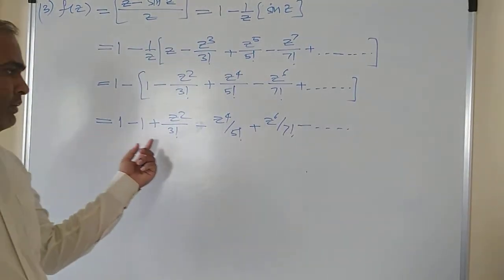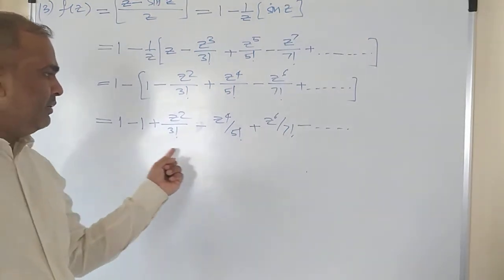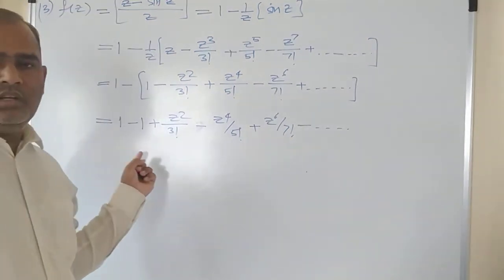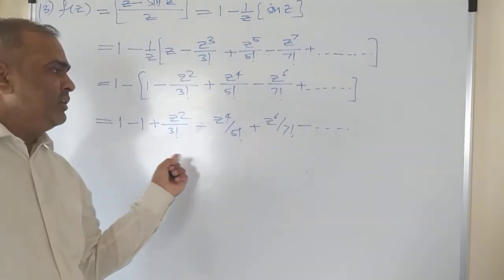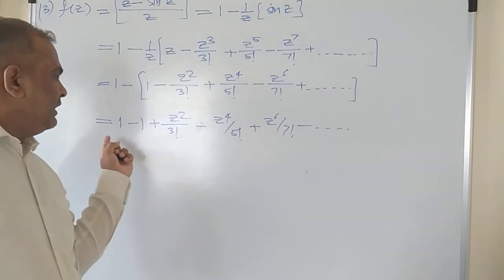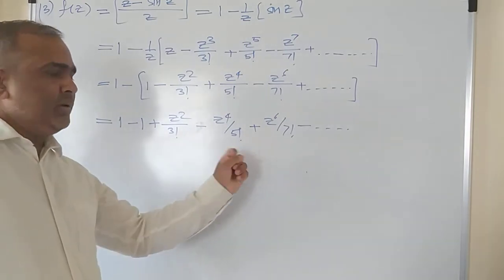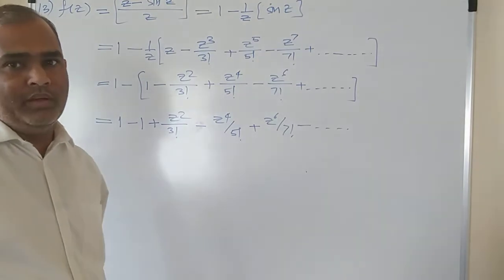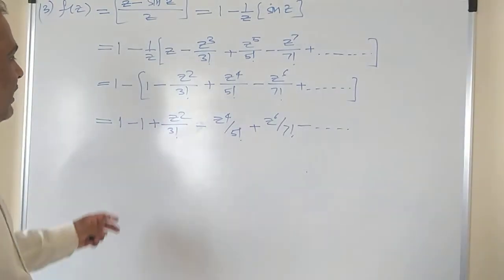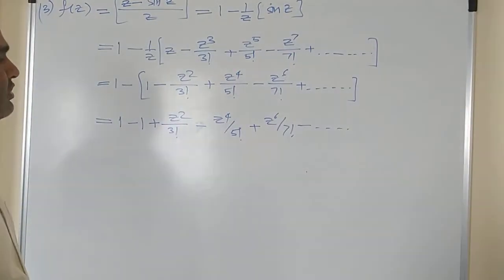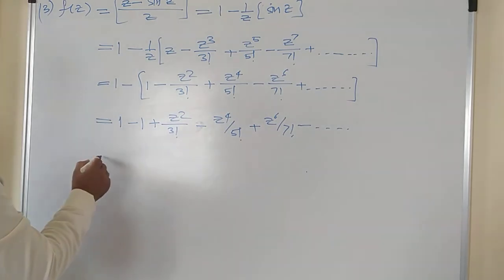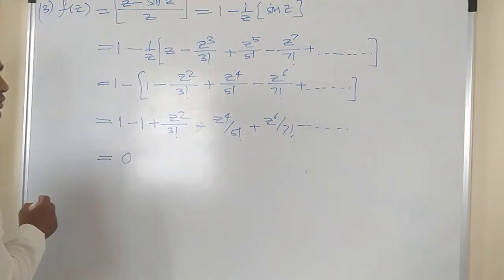And you can see whether you have a 1 upon z part anywhere; you could not find 1 by z anywhere. No single term contains a 1 by z part in the series expansion, and therefore if no 1 by z exists, that means the residue is equal to 0.